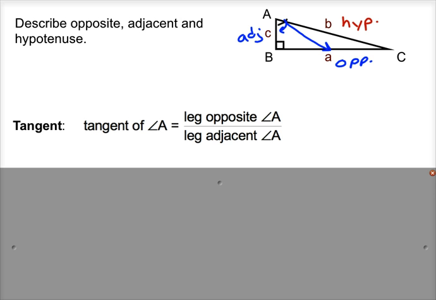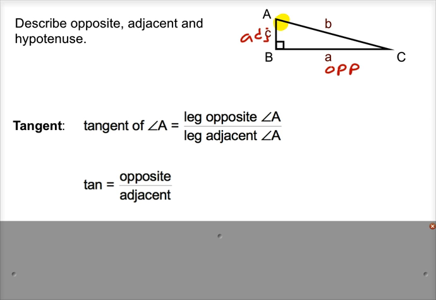So the tangent for an angle. The tangent of angle A is the leg opposite angle A over the leg adjacent to angle A. So if I look up at my triangle up here, if I'm talking about the tangent for angle A, it's going to be the side opposite angle A over the side adjacent to angle A. Or sometimes we just say tangent is opposite over adjacent.